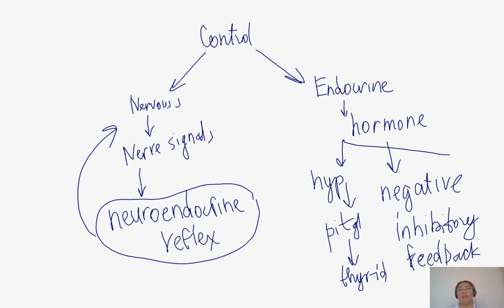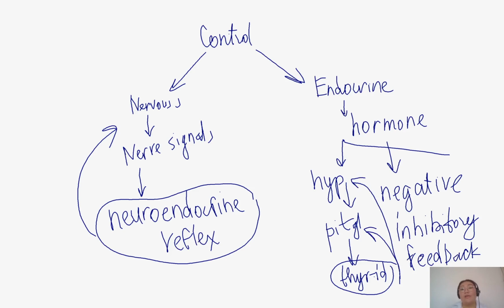And if the thyroid gland releases a lot of thyroid hormone, this hormone acts on the pituitary and on the hypothalamus to inhibit it. That's the negative inhibitory feedback.